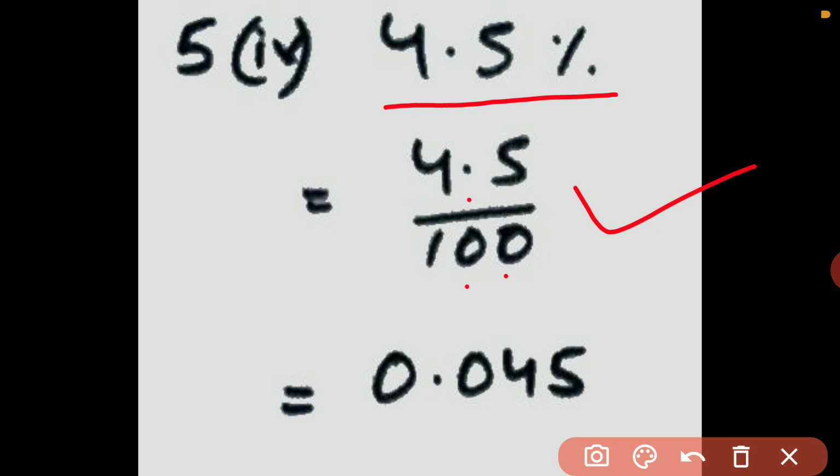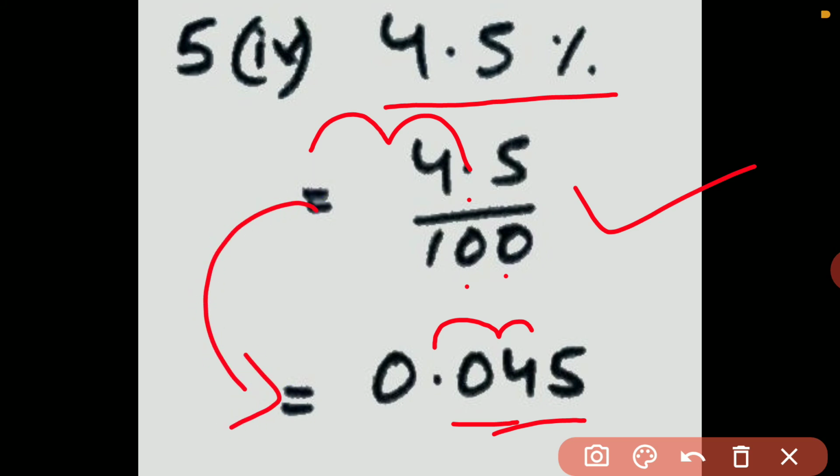So by moving the decimal towards my left hand side, I need to move it two times. Once it comes in front of 4, and the next time there is no number, so I need to put 0. I hope you know this. Hence we have two digits here, in total 3 digits. So the answer is 0.045. We have done this step in decimal fractions also.